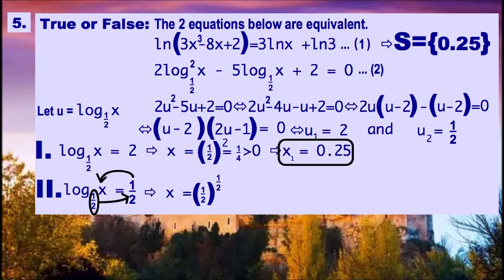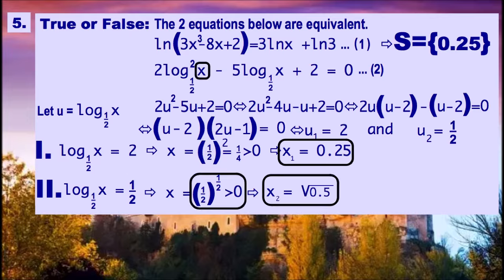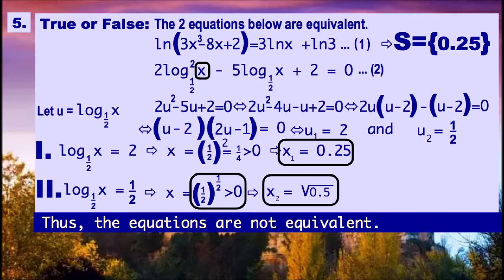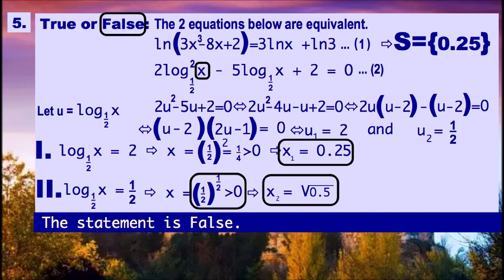Thus, x equals 1/2 raised to the power 1/2, which is greater than 0. x2 equals the square root of 0.5. The second equation has two solutions, while the first equation has only one. Thus, the equations are not equivalent. This statement is false.